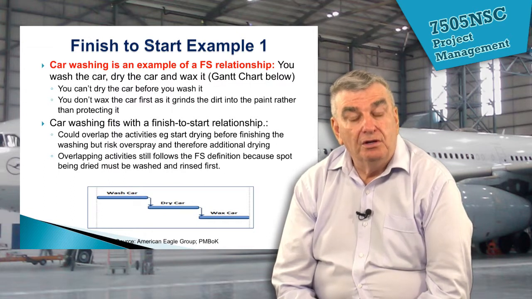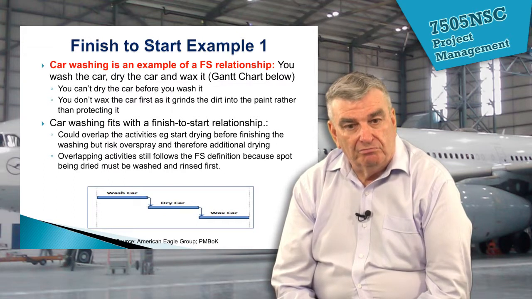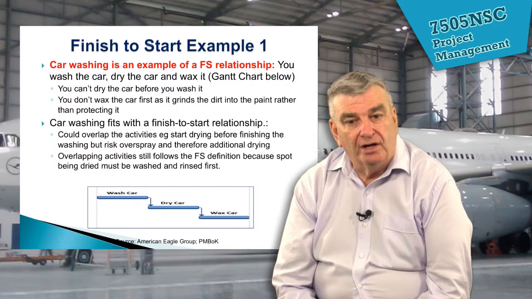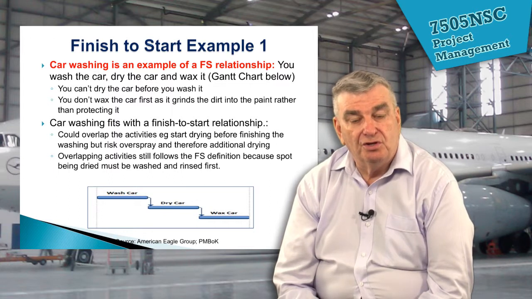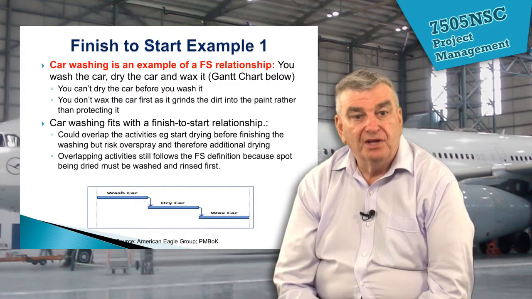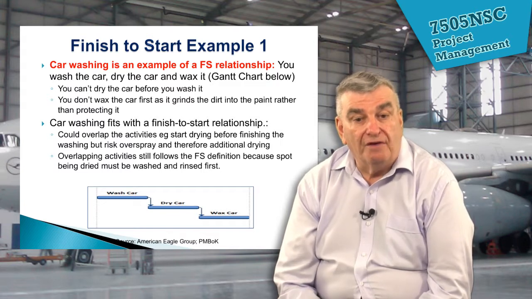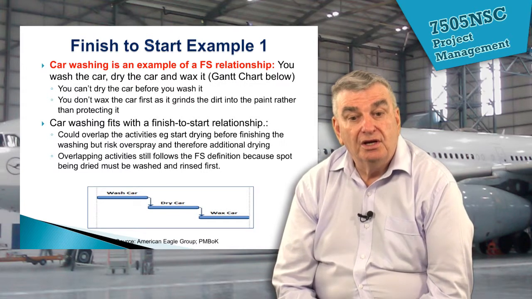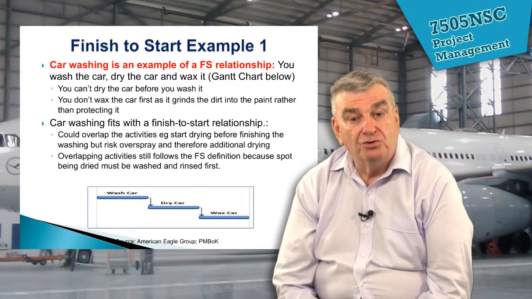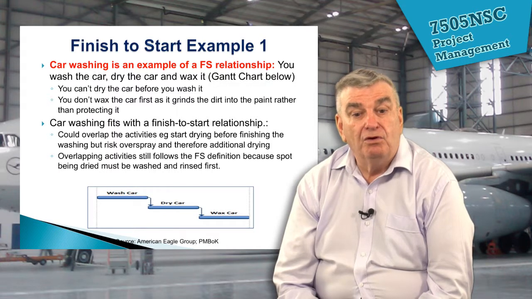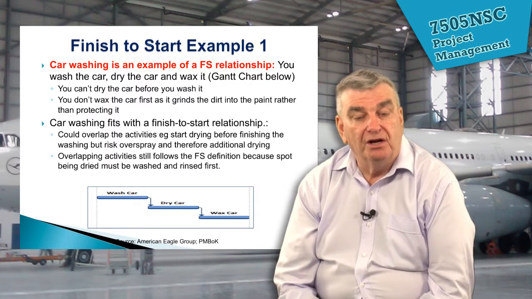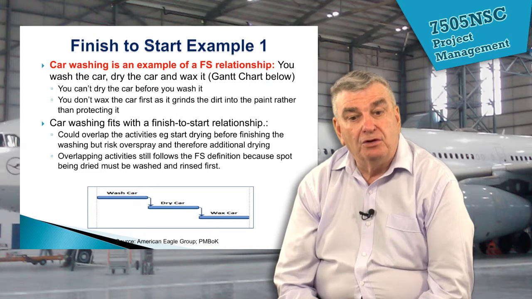When you wash a car, you dry it, and then only after you dry it do you wax the car to polish it. Here we can see the Gantt chart shows them as 3 serial activities. We have to wash the car first, and we can't dry the car until we finish washing it. If we start drying while the washing is only half done, we could get splashing in areas where we've already dried, and that causes problems.